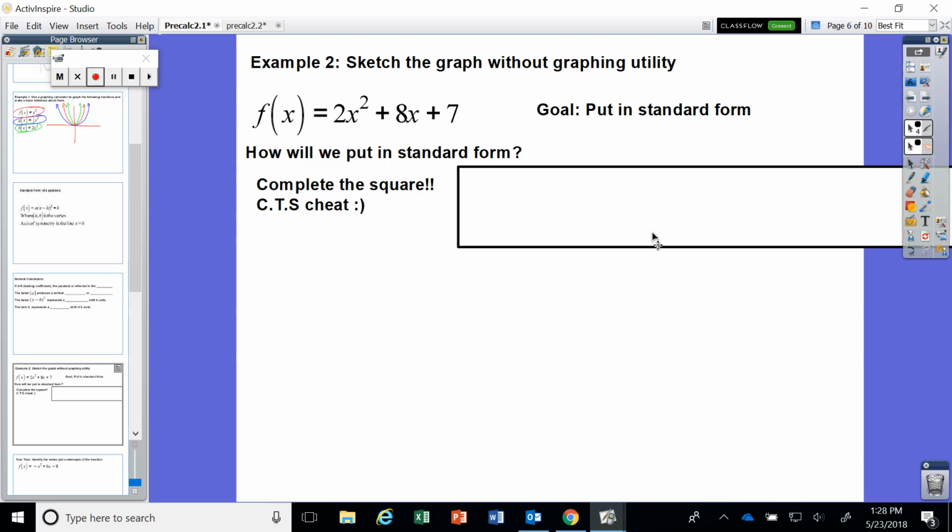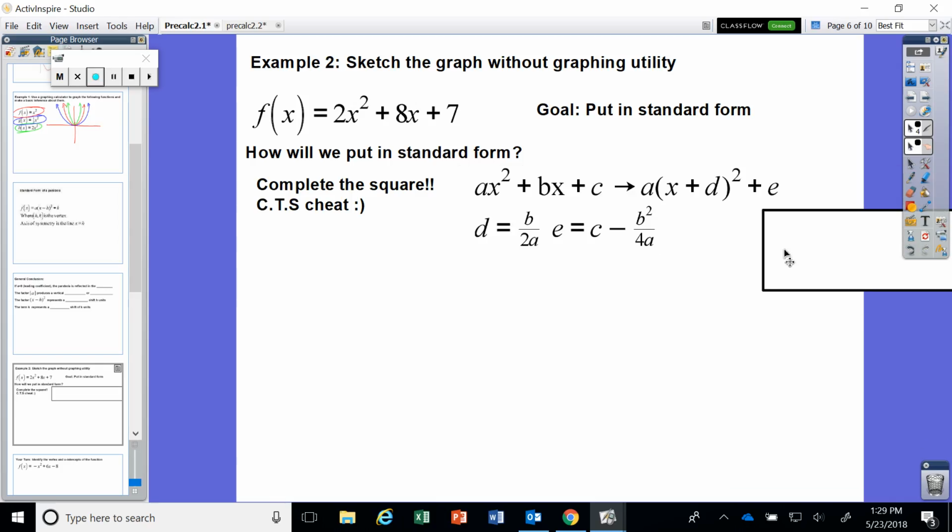Now, I'm going to provide you both the regular way of completing the square and what's always going to happen once you do complete the square. That is what's happening behind here.